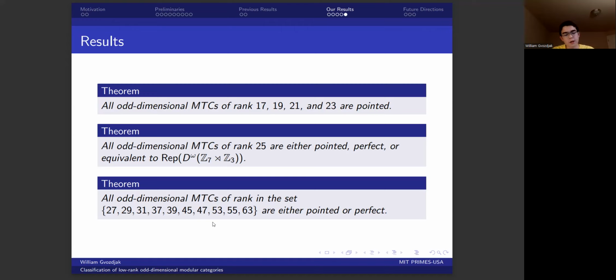And because the FPDIM must be congruent to the rank of any fusion category, this means that for odd-dimensional modular categories of rank congruent to 1 mod 8, there are potentially more examples that actually exist that are not pointed. That's an interesting thing to look into, to see whether a pattern like that shows up.